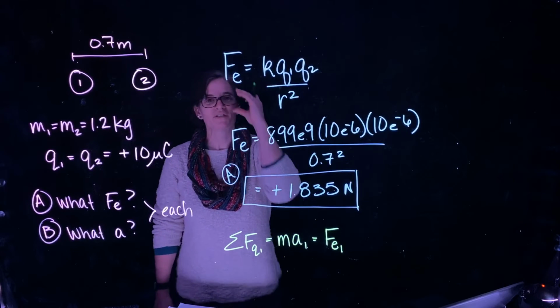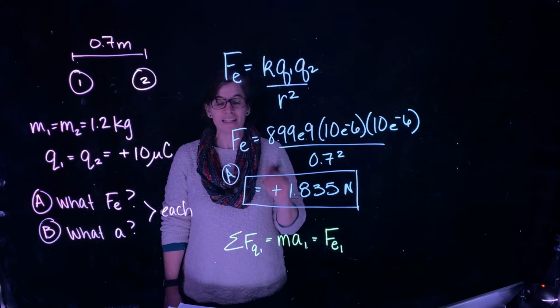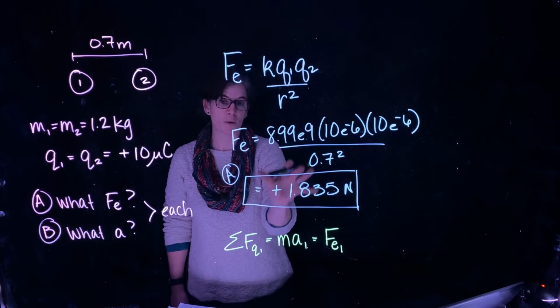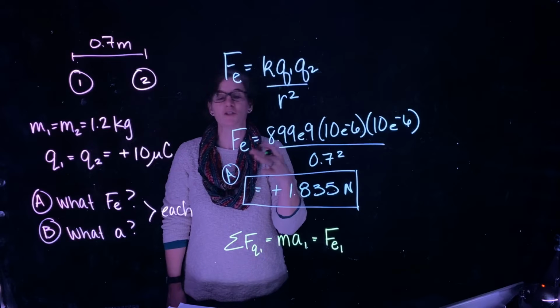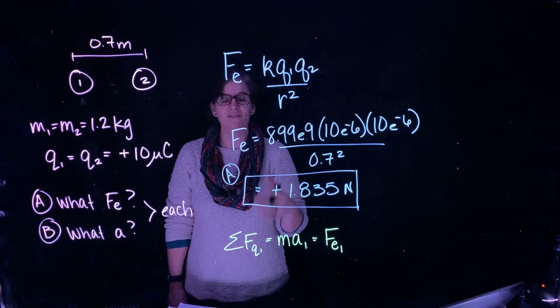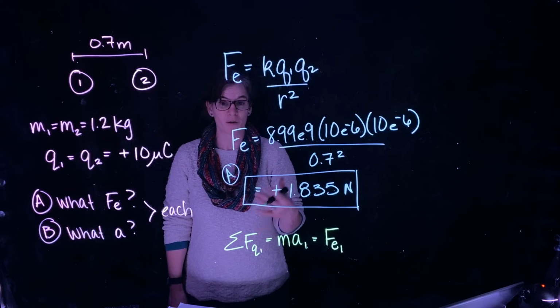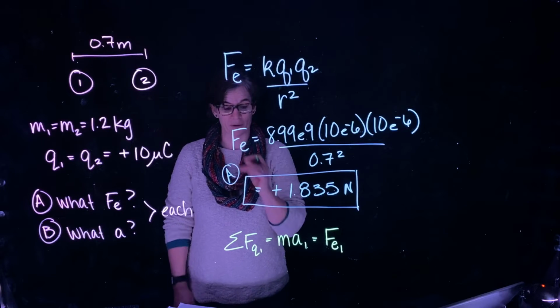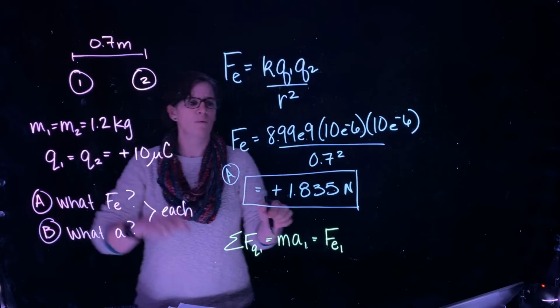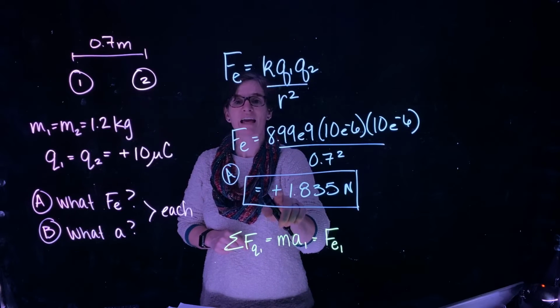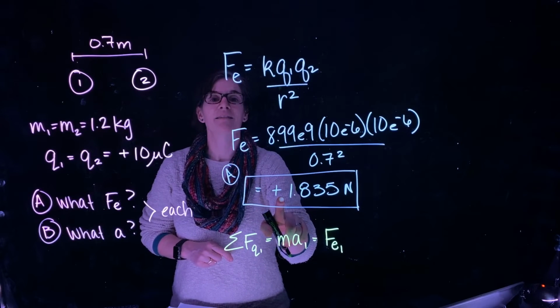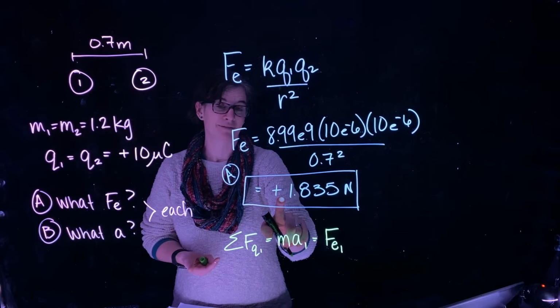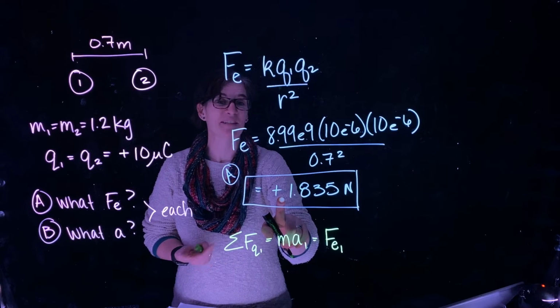But now that we've shifted into motion, we need to recognize this is now motion direction. So what is the direction of the acceleration on particle 1? Because we need to understand the direction of the force on particle 1. Well, if I look at particle 1, the electric force tells me that it's positive. So it tells me that it's repulsive.